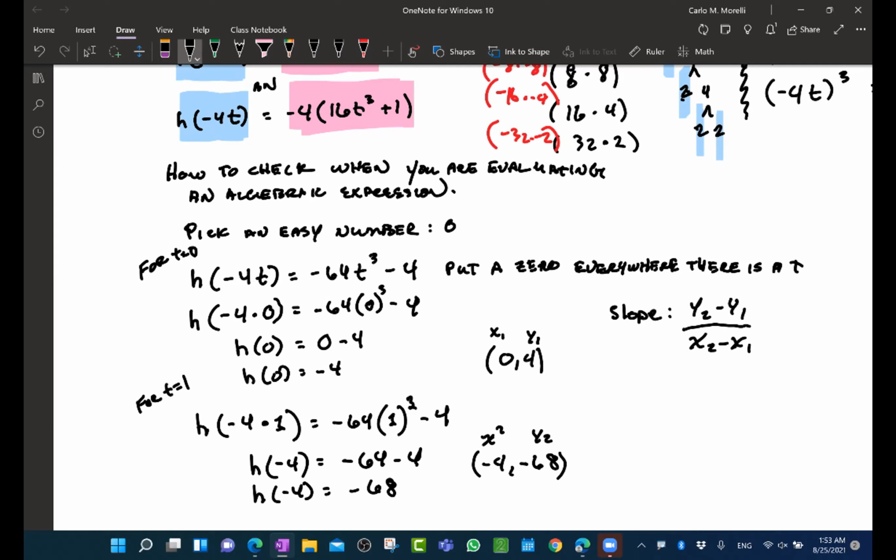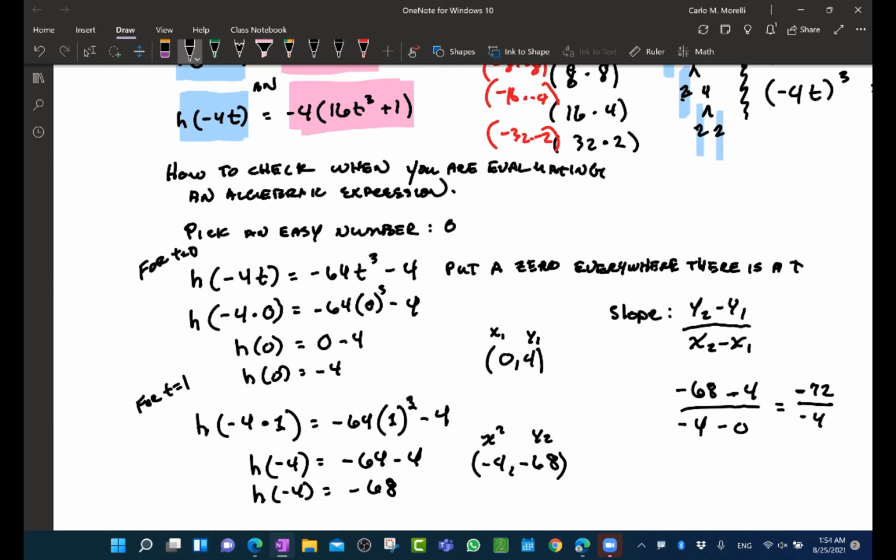Let's plug it in and see what we get. So y2 is negative 68 minus y1, which is 4, over x2, which is negative 4, minus x1, which is 0. And so I've got negative 72 over negative 4.